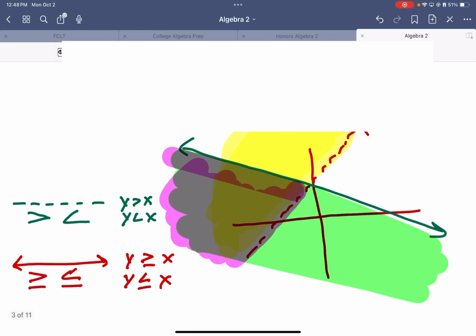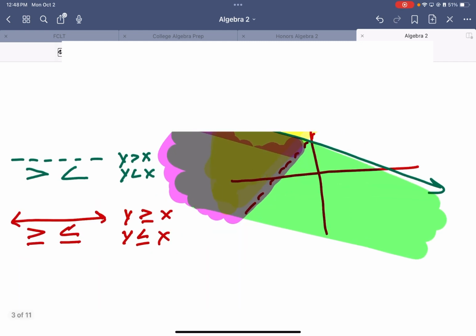That's the first thing that you notice, and that's something we always have to look for. The other thing you'll notice is where I shaded. I either shaded above the line or I shaded below the line. In the case of the red one that's just greater than, you'll notice I shaded above it.